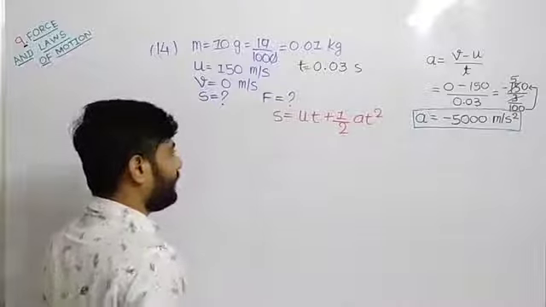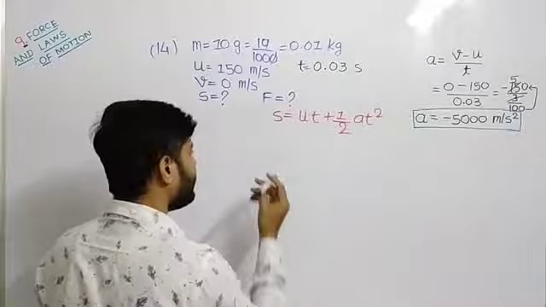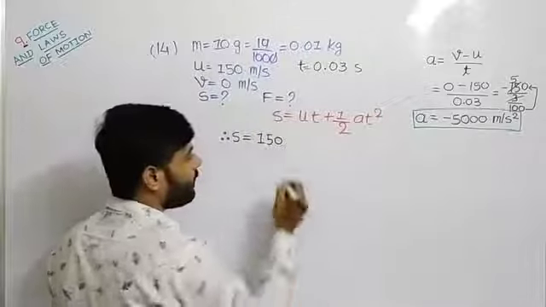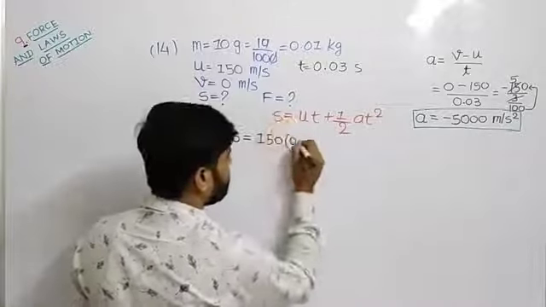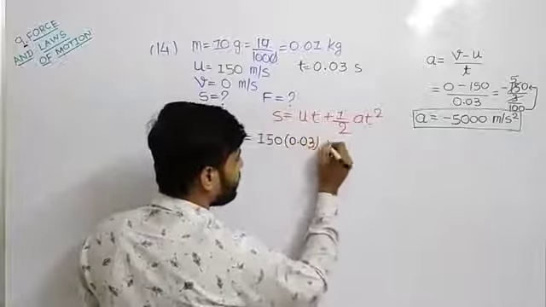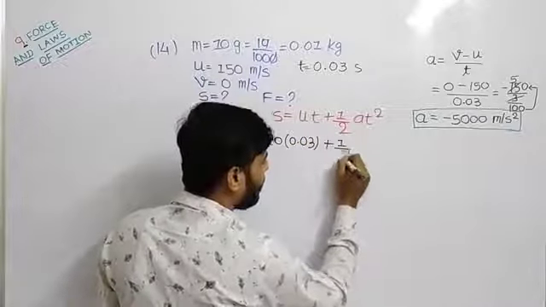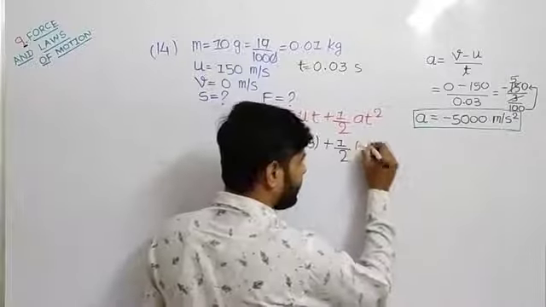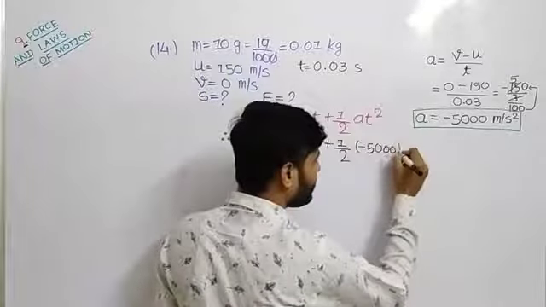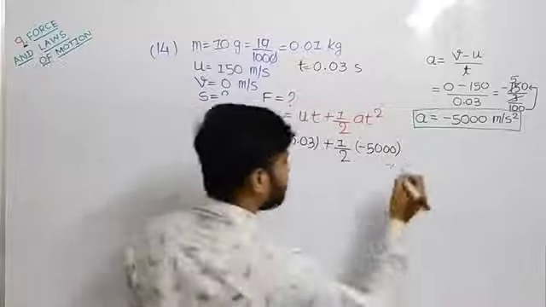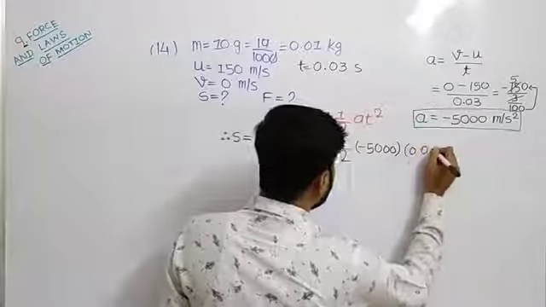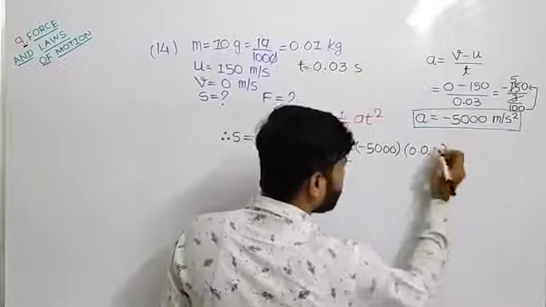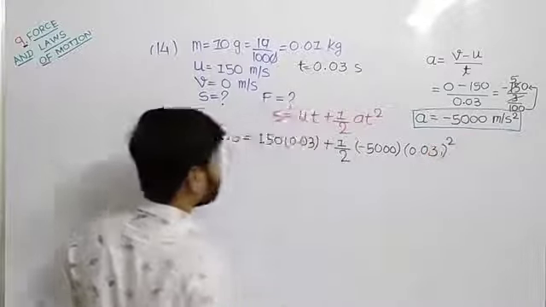So I have to put the values of u, t and a here. u is 150, t is 0.03, plus half, a is minus 5000, and t square is 0.03 square.